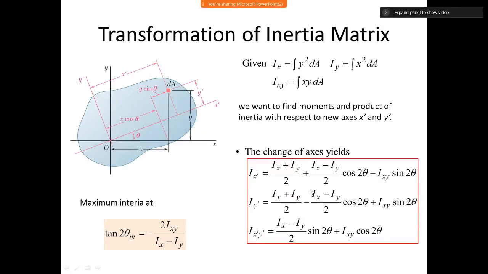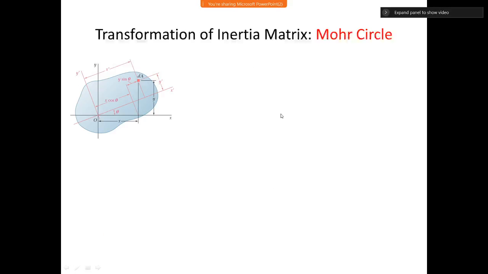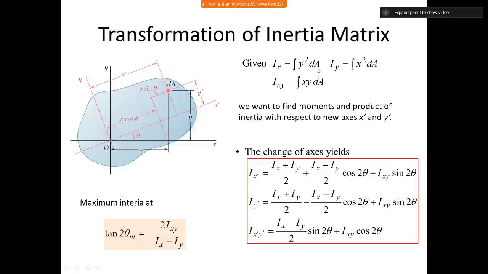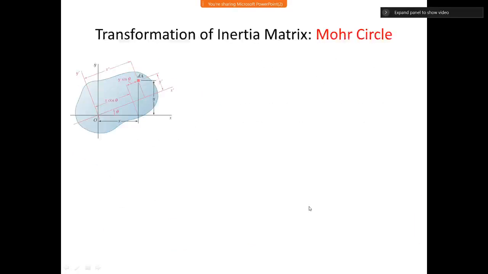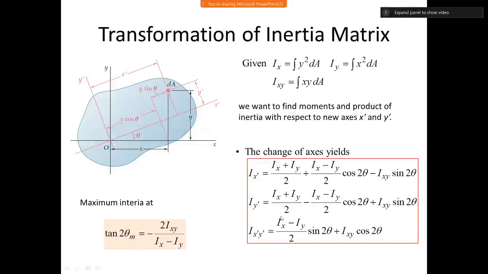The same equations of transformation of inertia, or the inertia matrix, can be expressed in terms of a quantity called Mohr's circle. Mohr was one of the engineers who gave a graphical, simple solution to represent these complicated equations. These complicated equations can be expressed in the form of an equation of a circle.